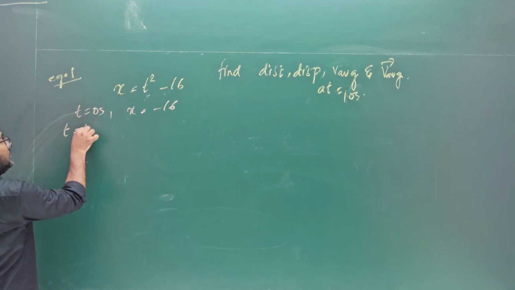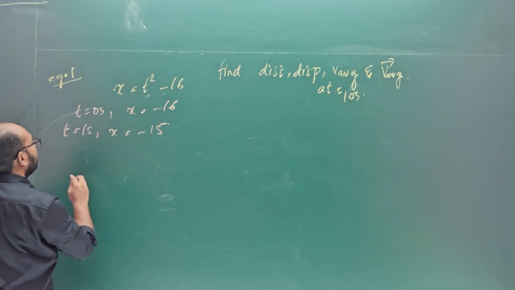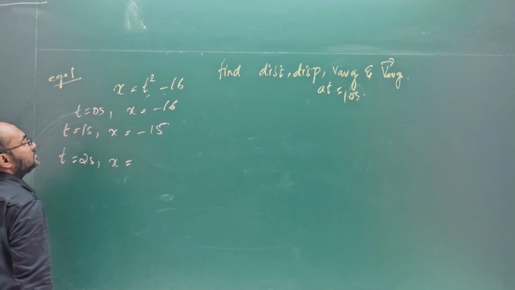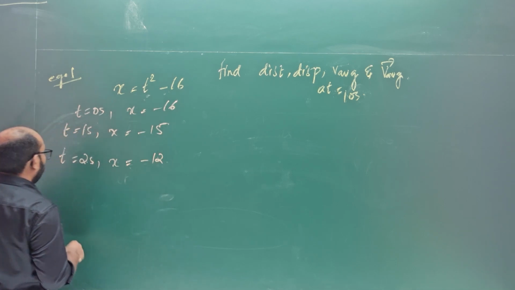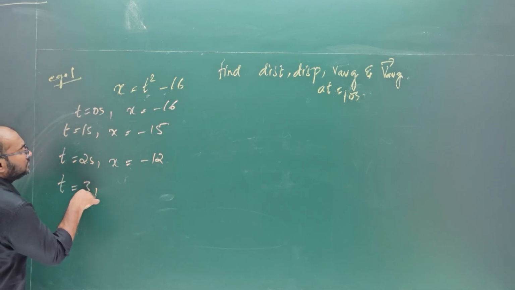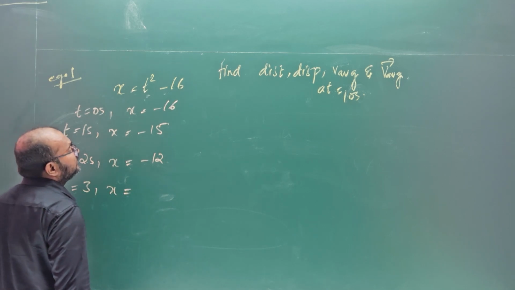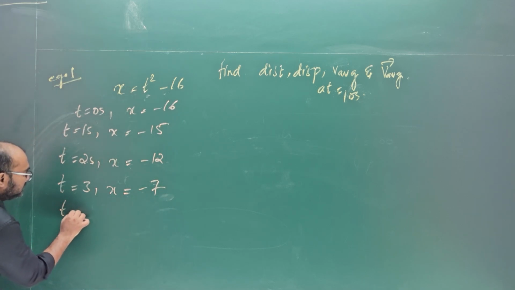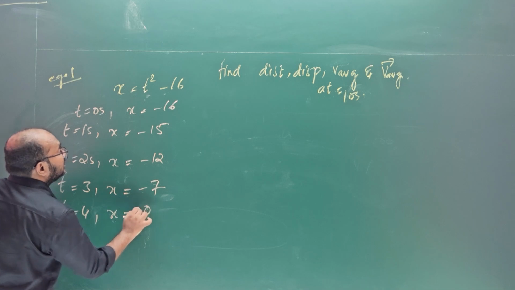At t is equals to 1 second, x will be minus 15. At t is equals to 2 second, x is equals to 2 square 4, 4 minus 16, that is minus 12. At t is equals to 3, x will be 9 minus 16. How much is it? Minus 7. At t is equals to 4, x is equals to 0.